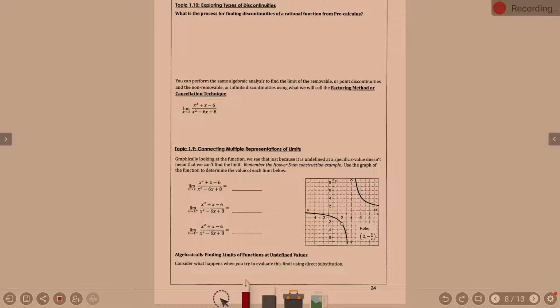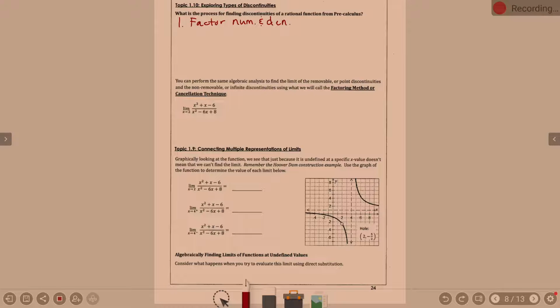Okay. I really should have written these in ahead of time. What is the process for finding discontinuities of a rational function from pre-calculus? Basically, when we talk about discontinuities, how did we find our holes and vertical asymptotes? The first thing we had to do was to factor the numerator and denominator.